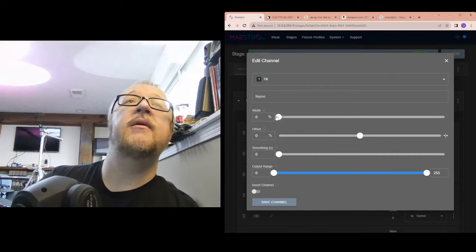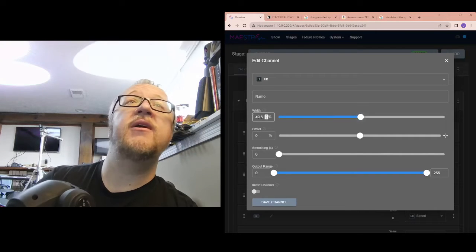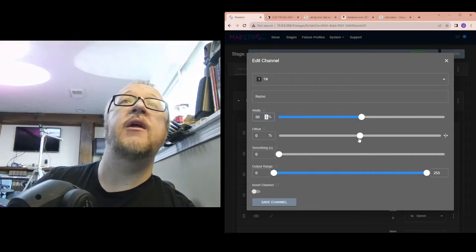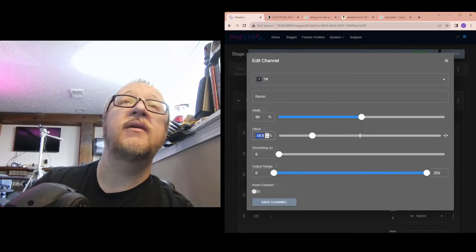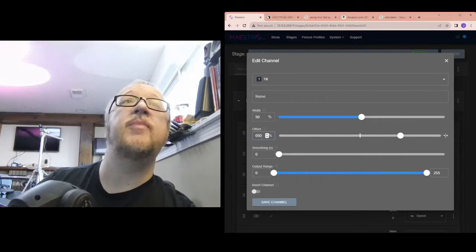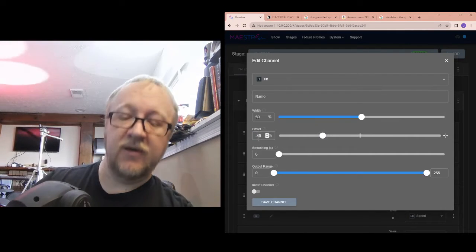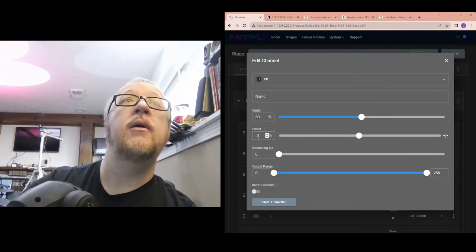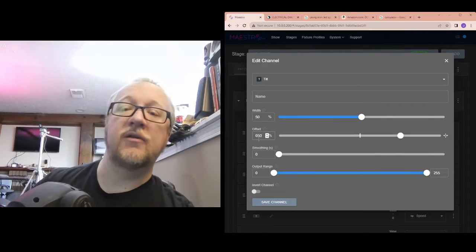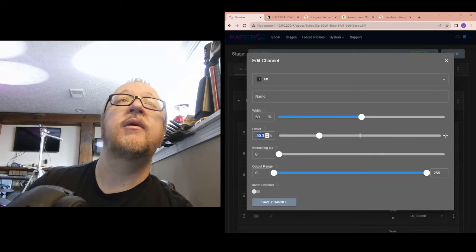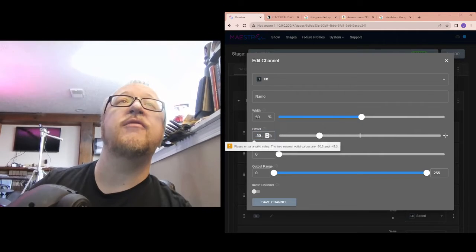And like I said, 50% width generally is a pretty good fit by default for tilt. And then offset, generally what I've seen is either a negative 50 or a positive 50 degree offset to get that fixture pointing towards the crowd and sweeping in the motion that you're looking for. So again, play with those offsets, set them, see how it works for you.